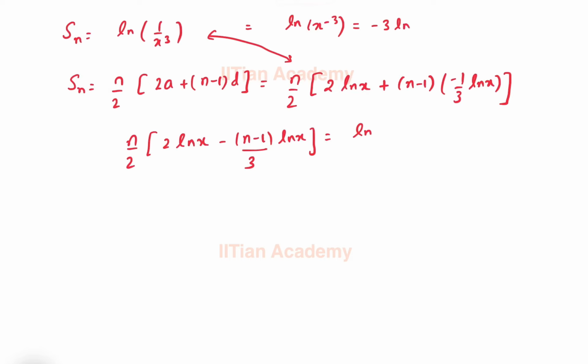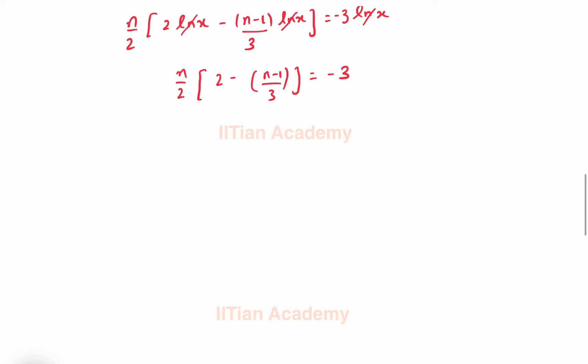Now this minus 3 can be taken here. This is minus 3 natural log of x. Now we can remove this. What we get is n by 2, 2 minus n minus 1 by 3 equals minus 3.